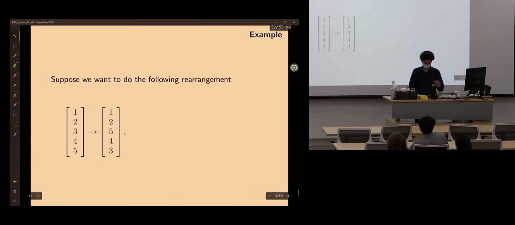Now, it sounds like the general rule is that we start from the identity matrix, we swap the rows of the identity matrix for the operation we want to do, and that gives us the permutation matrix we want. For example, I want to convert 1, 2, 3, 4, 5 to 1, 2, 5, 4, 3 by swapping row 3 and row 5.